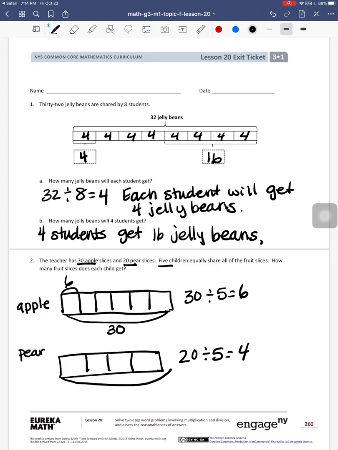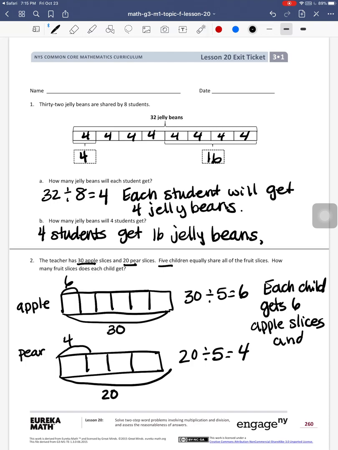So we know that this is 20, and this would be 4. So each child gets 6 apple slices and 4 pear slices.